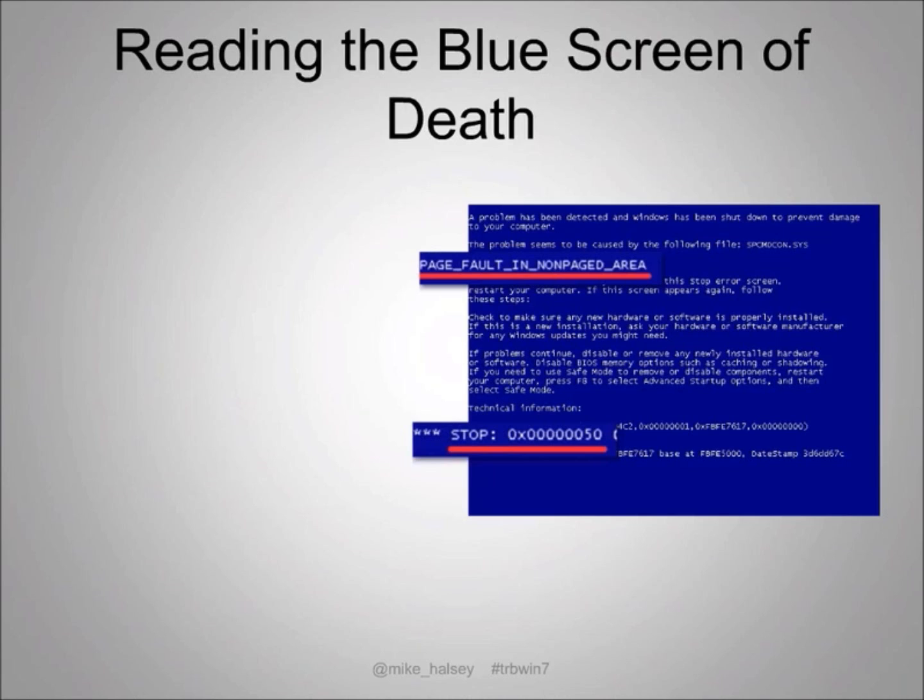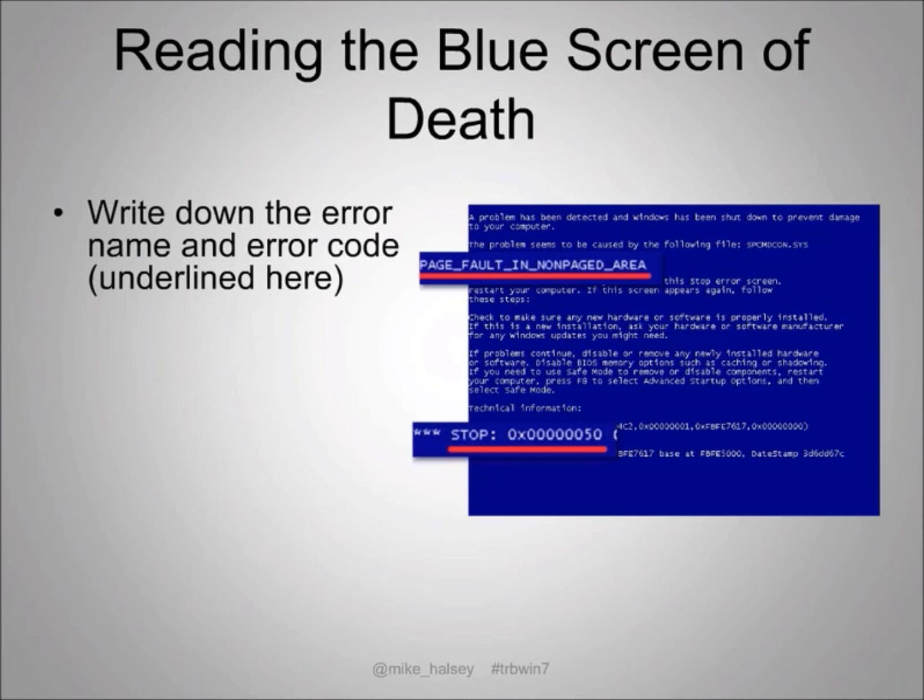Right, and the last thing I want to look at here before we go to the demo is the blue screen of death, and how we actually get useful information from it. Because there's a lot of text there, not a lot of it is very useful, and there's really just two things about the blue screen of death that are really useful.